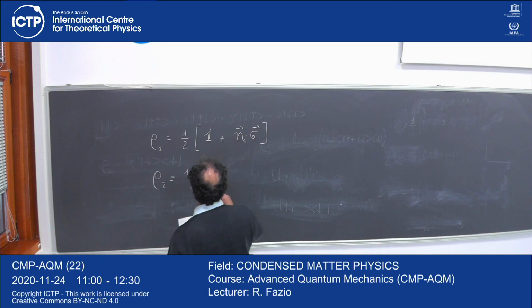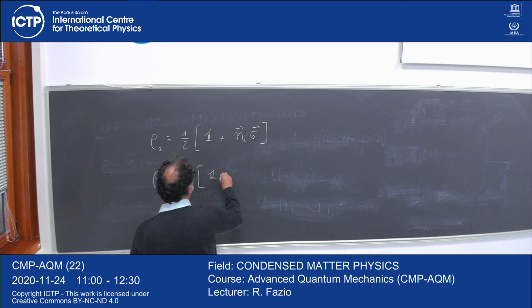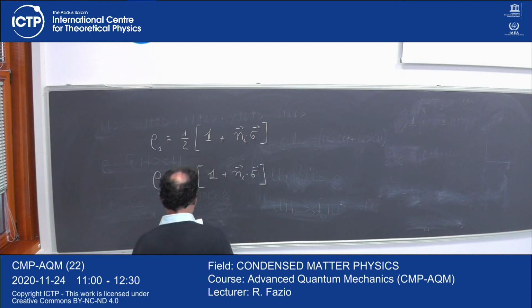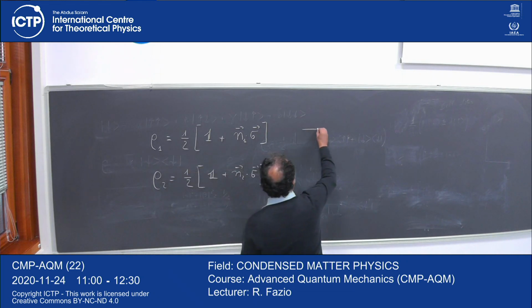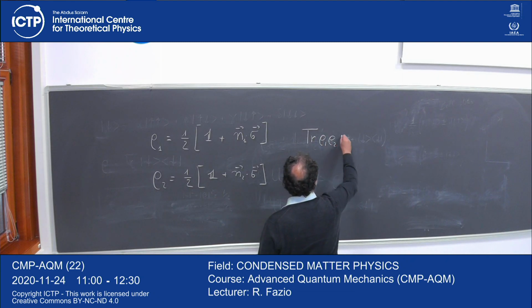Let's call it N1. And 1/2 identity plus N2 dot sigma.